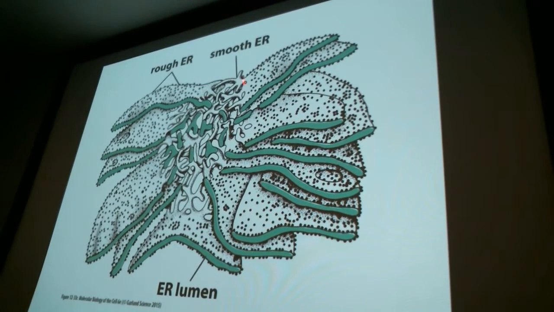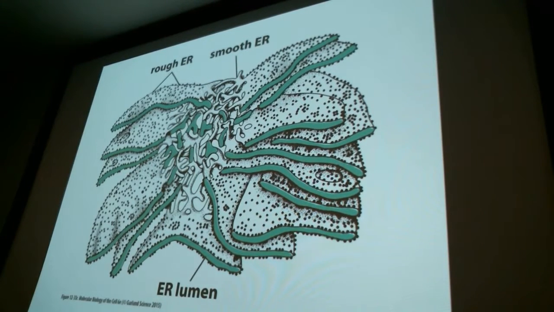So this is what scientists arrived at: the rough ER tends to be like these flat pancakes, so the area is larger and you have a lot of space to attach the ribosomes. And then they converge in a much more tubular and irregular area, which is the smooth ER.